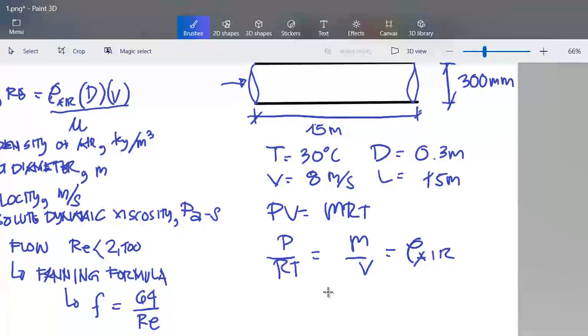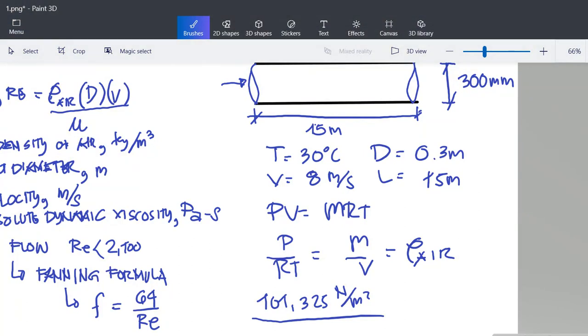Where your pressure, since it is atmospheric, will be 101.325, in Newton per square meter, divided by your R, which is 287 Newton meter per kilogram Kelvin.